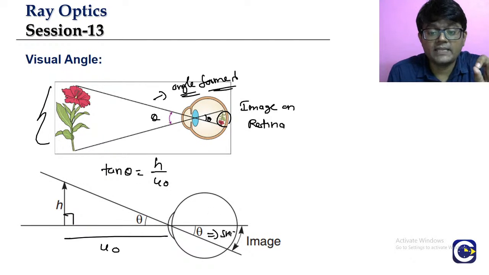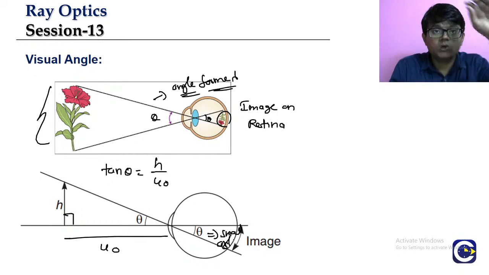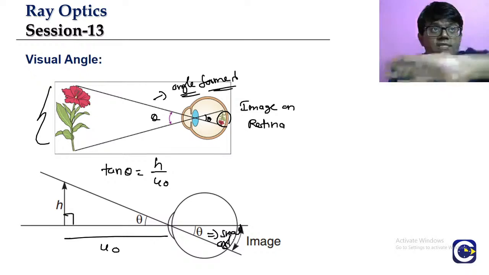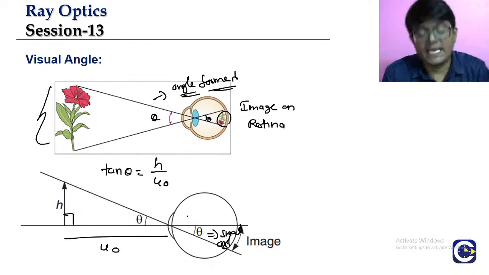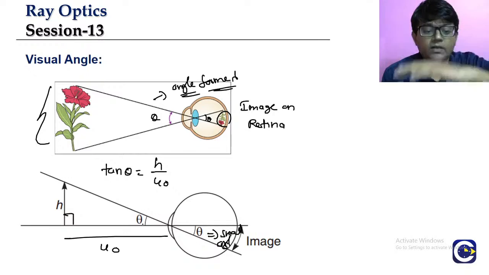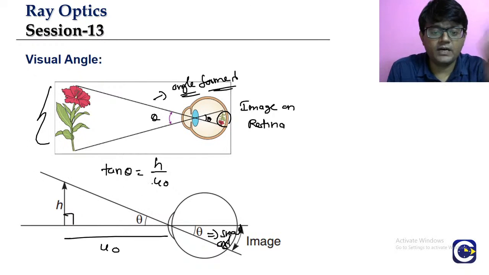They are going to be small angles. Because when you see through our eye, you will not only see that object, you will see the entire surrounding of it, which means the theta that we are referring to, we will consider it to be a small angle, because our visibility will cover a lot of area.